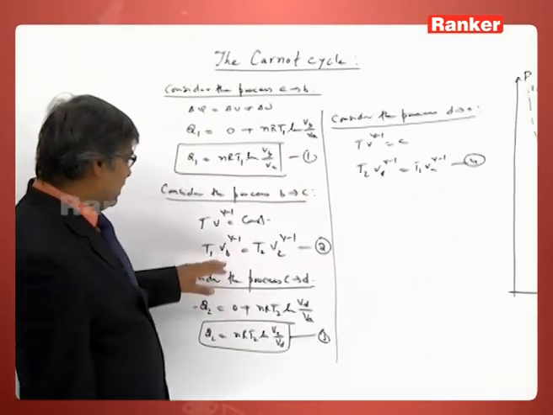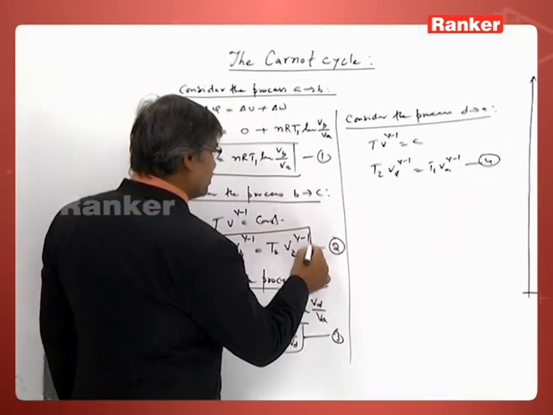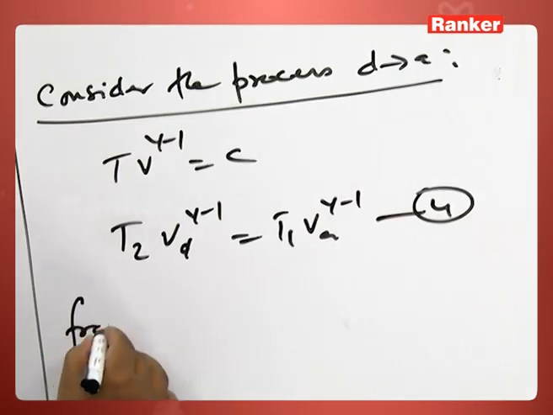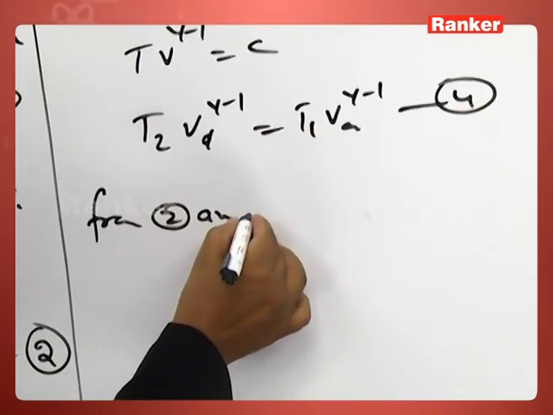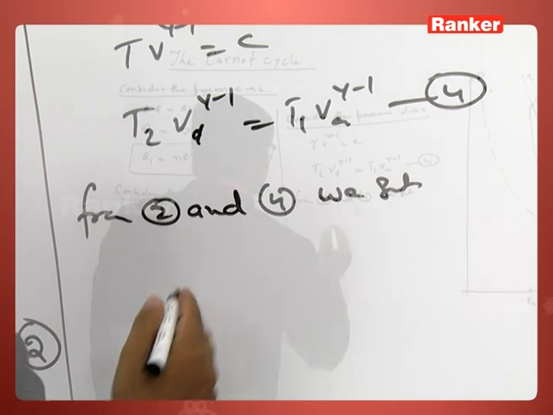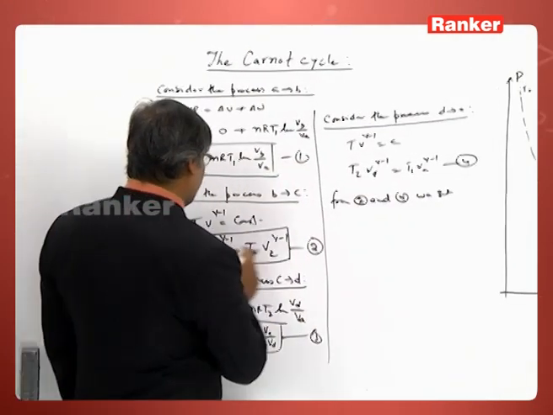So now let us use these two relations, 2 and 4. So from 2 and 4 we get, suppose this is T1 by T2.